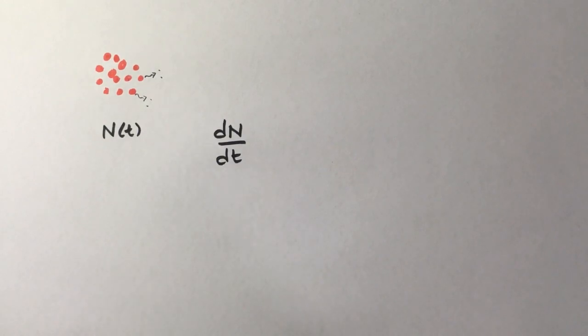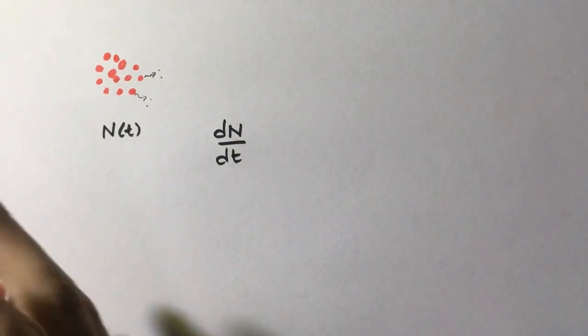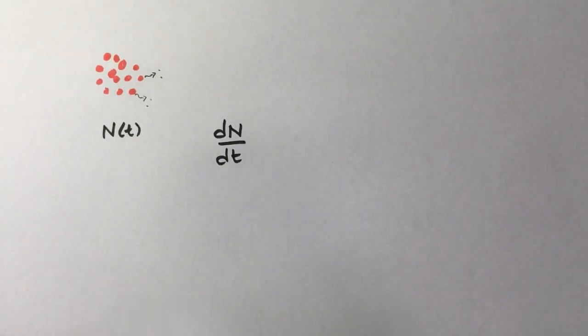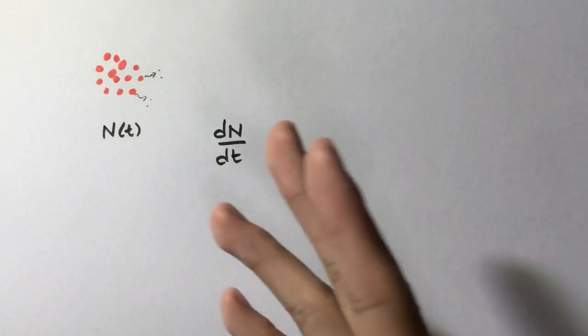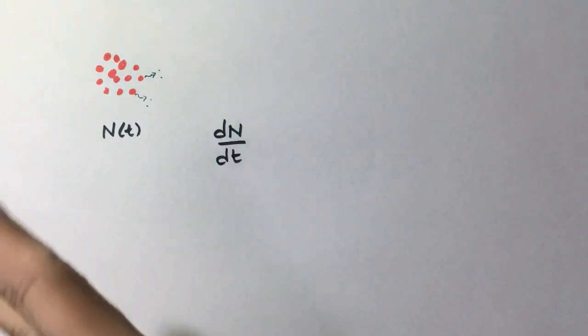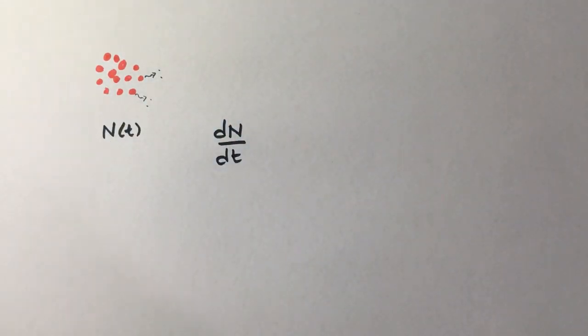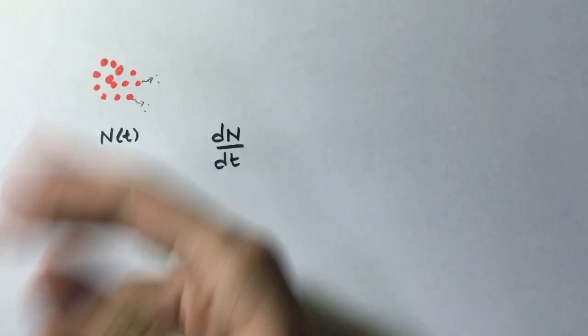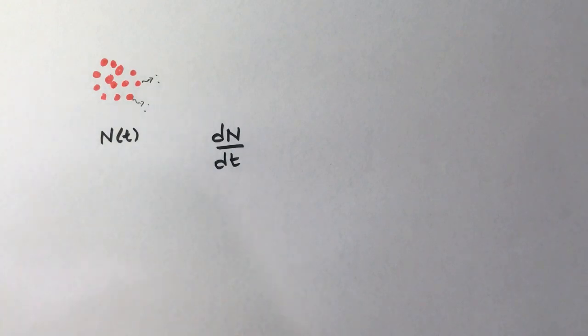What might this be? Well, let's think about the nature of the decay of the atom. The atom decays randomly. And if the atoms don't know about each other decaying, then when will the number of atoms decrease the fastest? The answer would be when there are more atoms. If I have many atoms, there's probably going to be more decay just because there are more atoms out there.